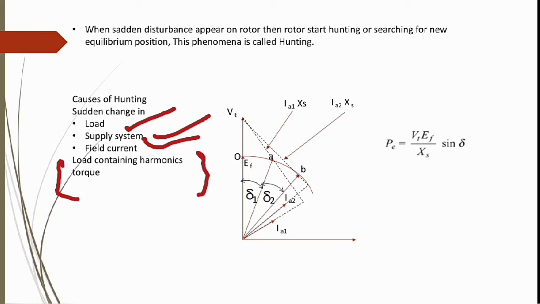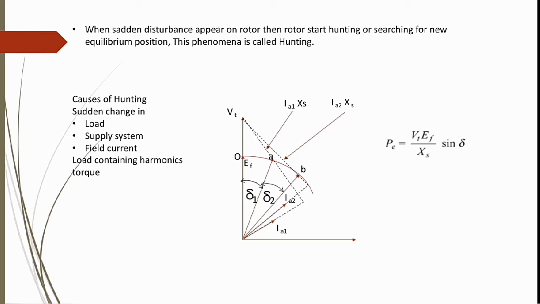These two are examples of loads through which hunting occurs. Besides these loads, if a sudden change in load, sudden change in supply system or sudden change in field current occurs, then also we will get hunting in the synchronous machine.